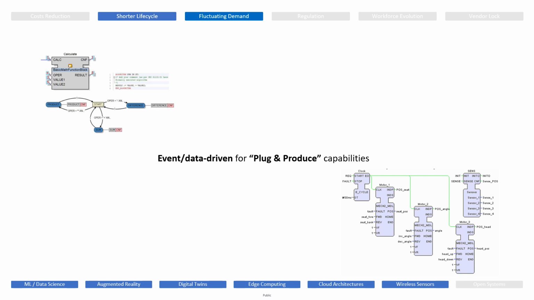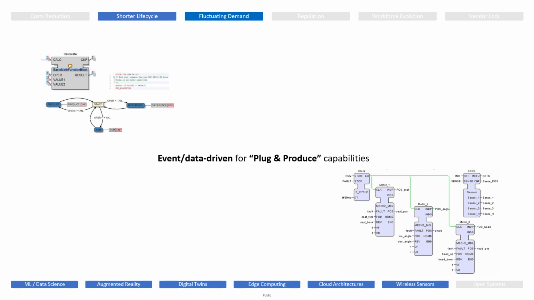Ultimately, this feature will support adding or removing devices to become much more accessible. For example, when a new sensor is installed, it can generate specific events that the control system can recognize and respond to immediately. This concept, often called plug and produce, allows systems to adapt dynamically without requiring a complete reprogramming of the control application.